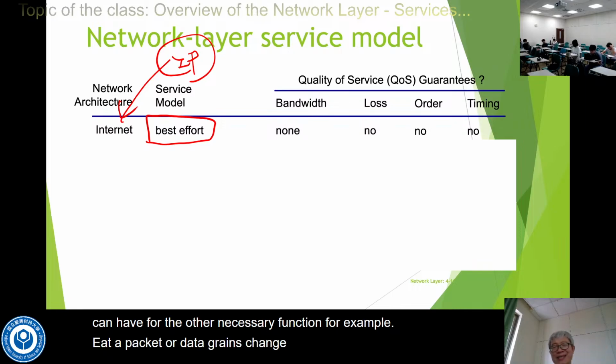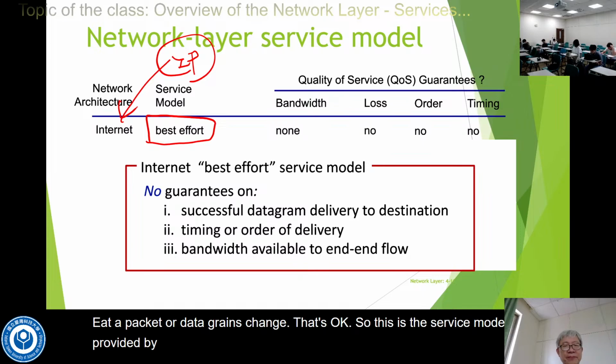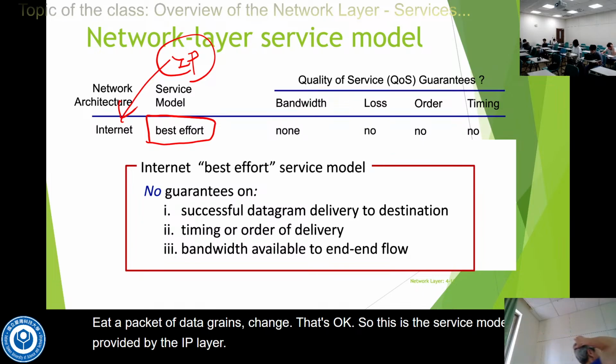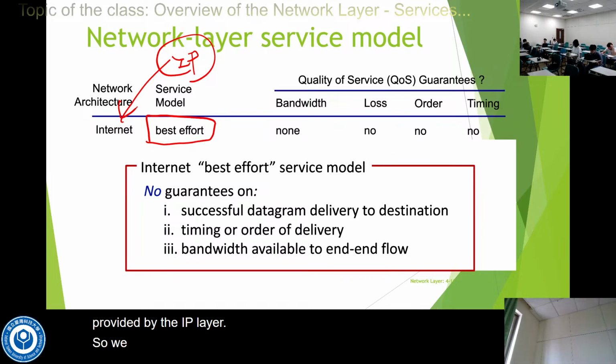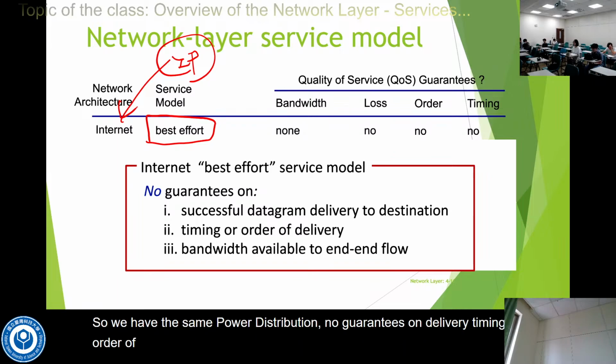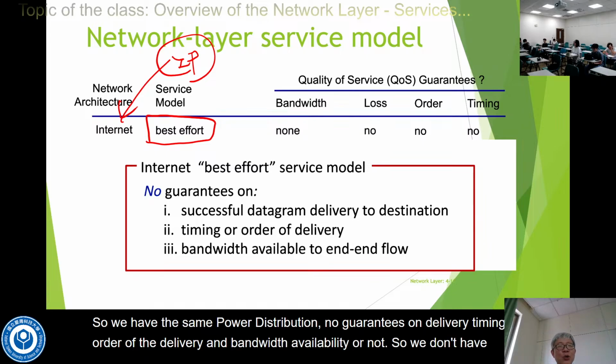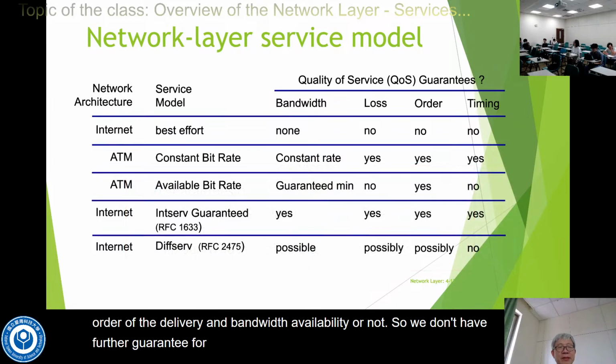So this is the service model provided by the IP layer: no guarantees on delivery, timing, order of delivery, or bandwidth availability. So we don't have guarantees at the IP layer.